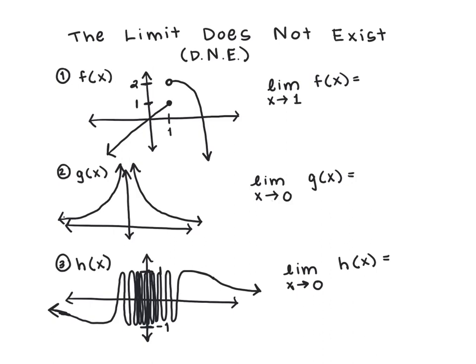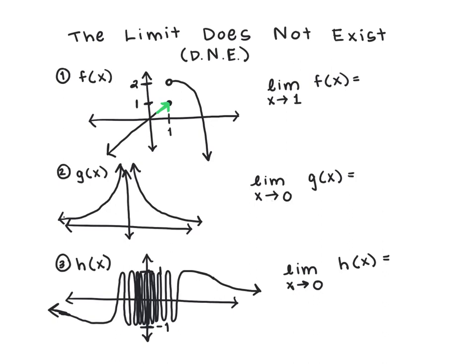Whenever we're looking at the limit as x approaches 1, we're asking ourselves, what is the behavior of my function, or what is the value of my function approaching as I get really close to 1 from the left and from the right? Well, here, if I trace along my function from the left of 1, and I get really close to 1, I see that the value of my function is approaching 1.